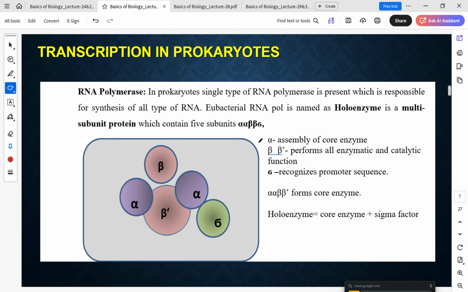The alpha subunits form the core enzyme. Beta and beta dash perform all the catalytic functions, and the sigma subunit recognizes the promoter sequence. So the promoter sequence is the area where the RNA polymerase is going to bind to.